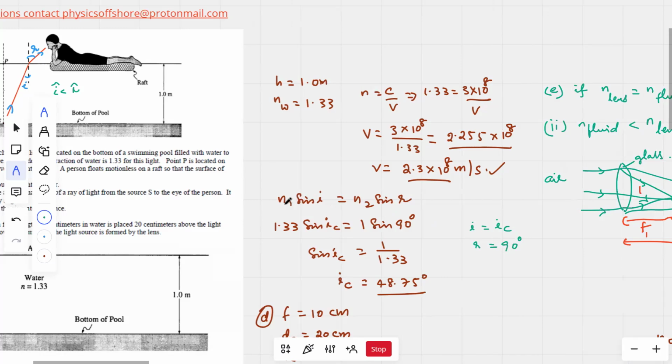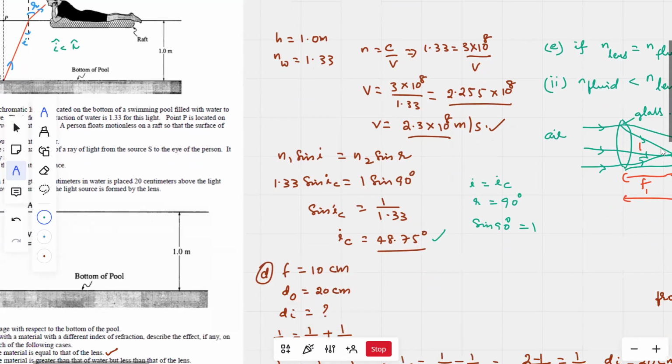And here it is traveling from water to air. So air refractive index is 1, we know. And sin 90 is equal to 1. So the right hand side becomes 1. And here we have to find out IC. IC is equal to 1 by 1.33, or IC is equal to sine inverse of this value. From that we will get the value. Okay, that is the answer for that one.